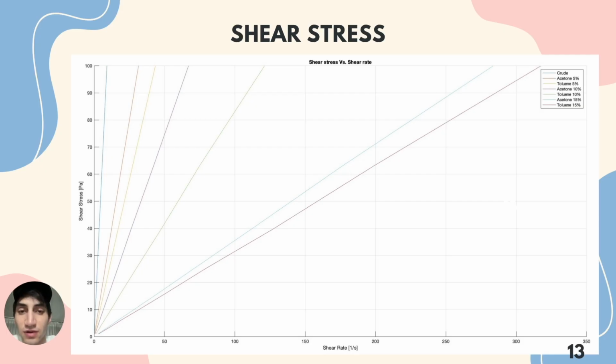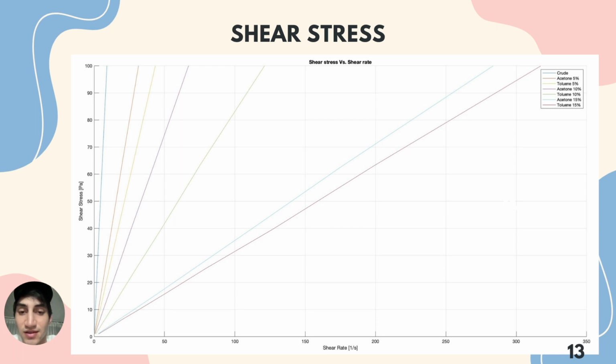So first, we graph the shear stress versus shear rate for every solution of the crude with the different solvents. The shear stress is measured in pascals and the shear rate is measured in 1/seconds. We can see that the different mixtures or solutions have different slopes that will be discussed in the analysis section of this presentation.